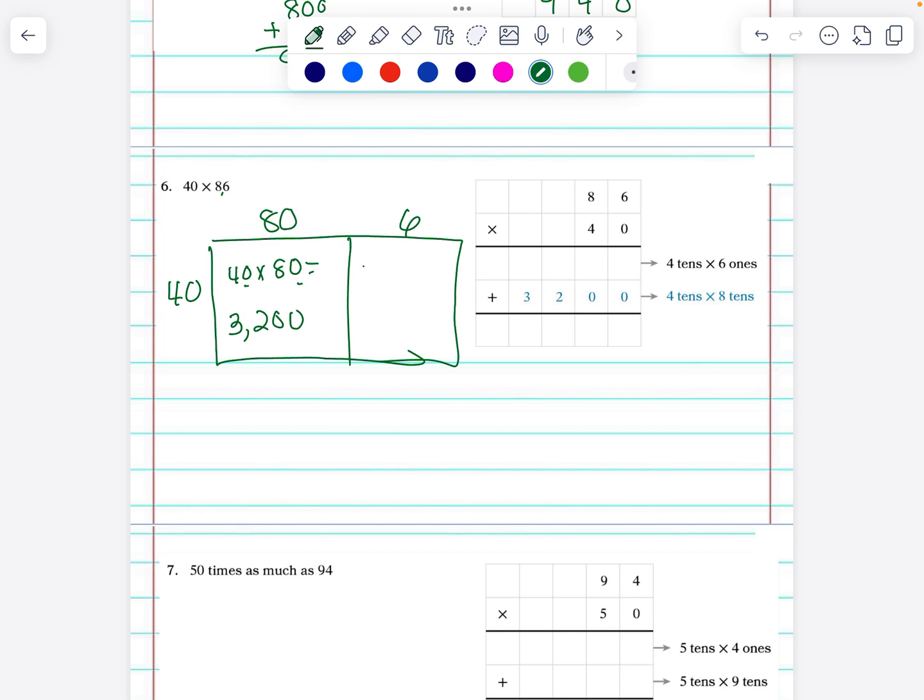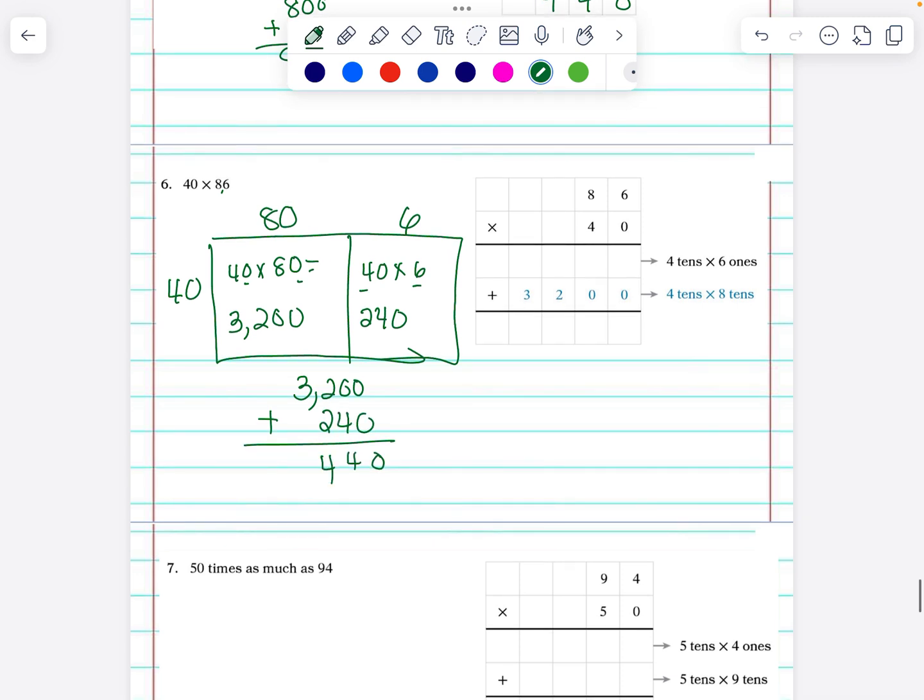Then the next one is 40 times 6, which is 240. Add the two partial products together. We have 3,440.